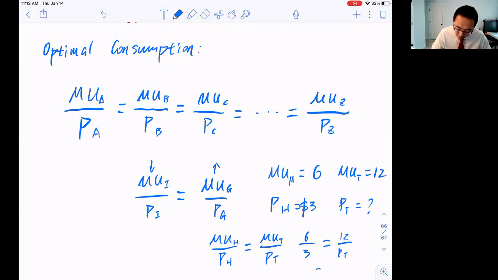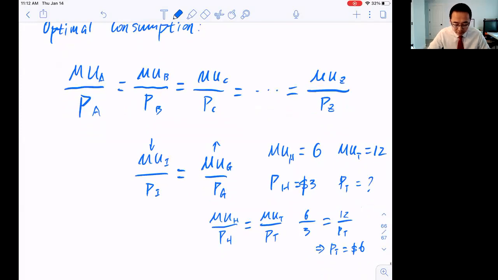So that tells me that tacos must be $6. Does that make sense? This is how you use it. If I give you any 3 of the numbers in a 2-product scenario, you should be able to figure out what the 4th number is.